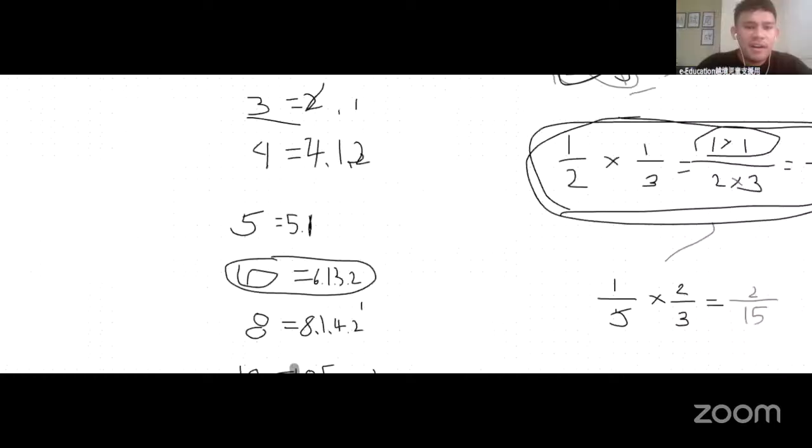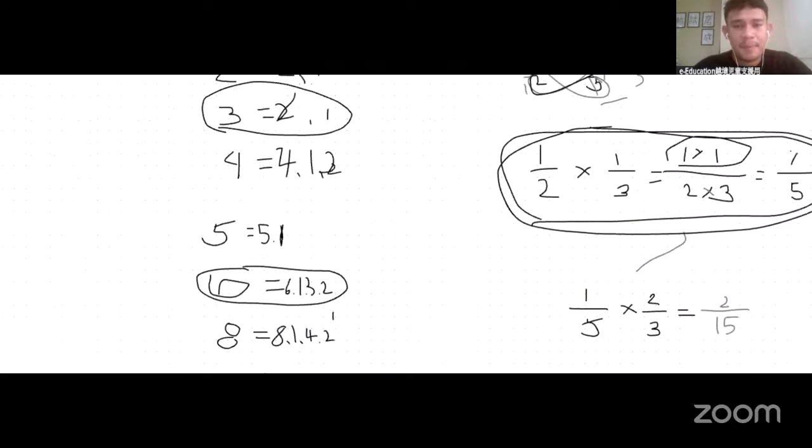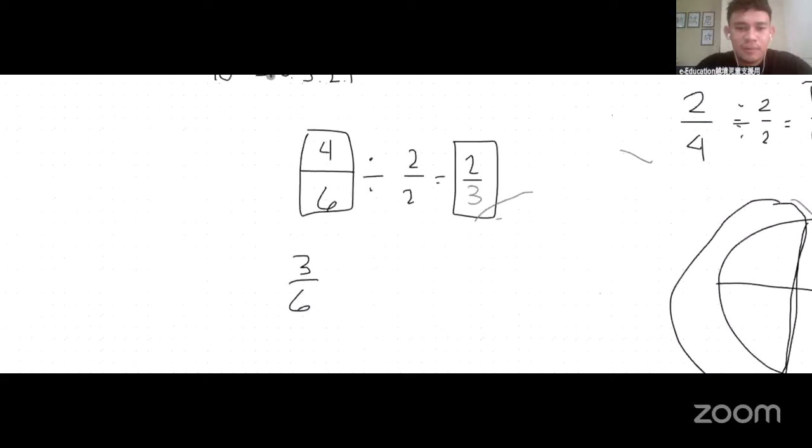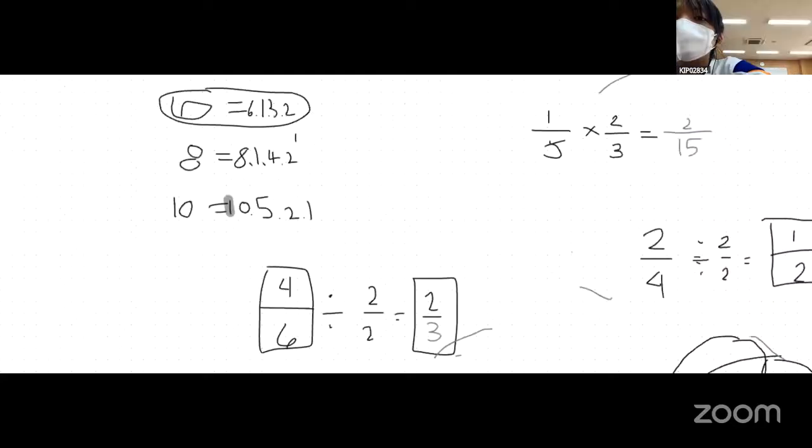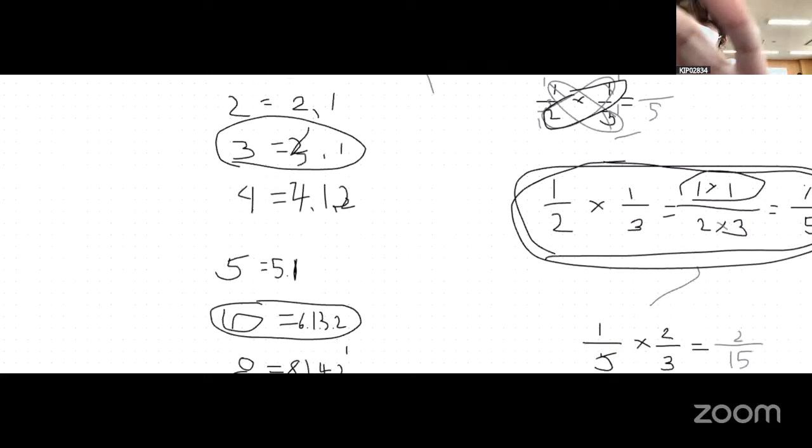Now for 3 and 6, what number do they have which is the same? 2 and 1, right? But between 2 and 1, which is bigger? 2, exactly. So we will use 2 again. Oh, I think 3.